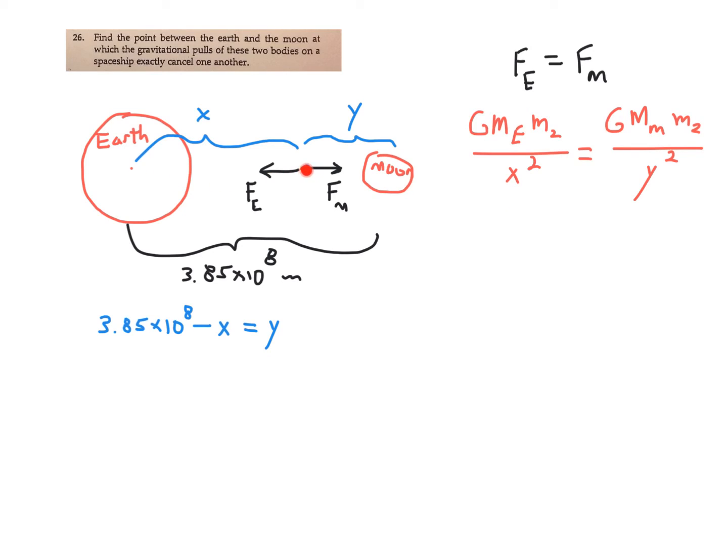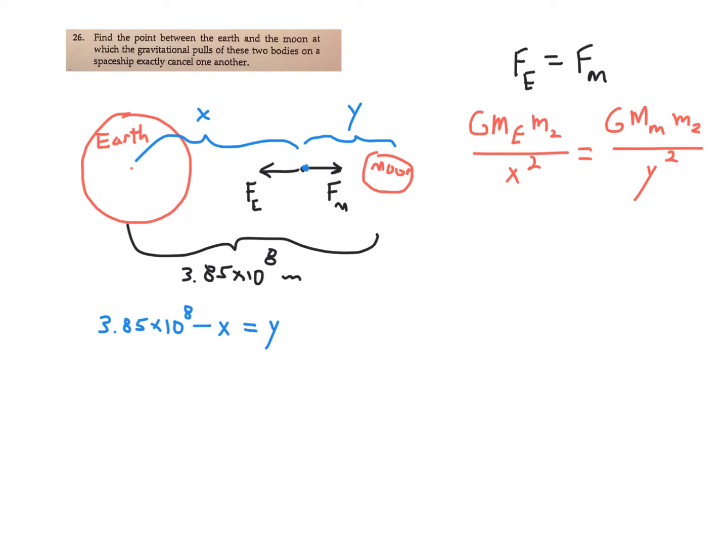So it's G times the mass of Earth times the mass of the satellite, the little mass at that blue dot, over the distance squared. Same thing for the Moon now. It's G times the mass of the Moon times the mass of that satellite or spaceship over y squared, how far I am from the Moon.